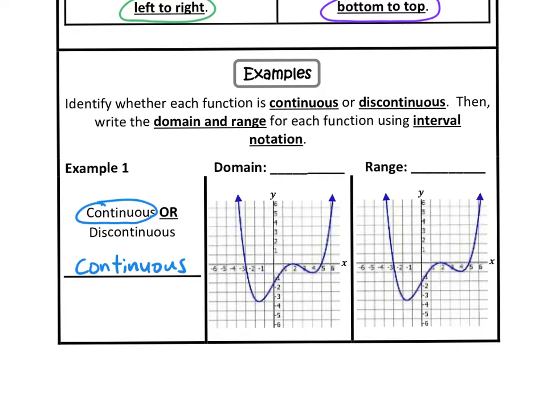Now for domain, we were using green. And again, if you have a spaghetti stick or a pencil that you can roll across the page, we were rolling this across the page. And this is domain, right? We're scanning all the x values.